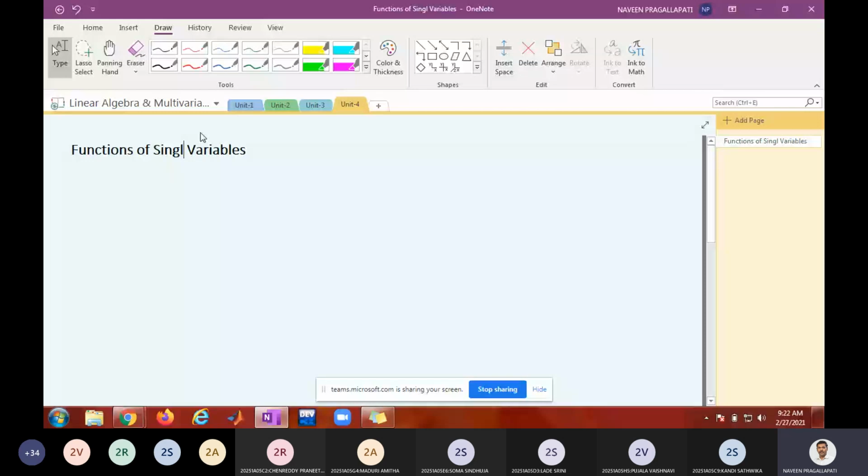So functions of single variables means what? You will be having y equal to function of x. Okay. So what is the first concept of calculus in functions of single variable? Can you tell me what you have learnt?